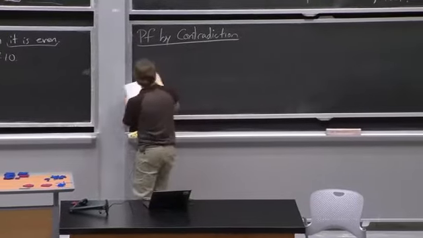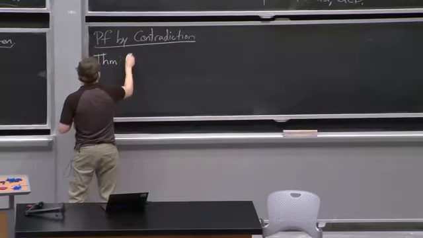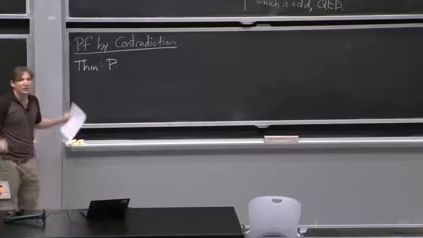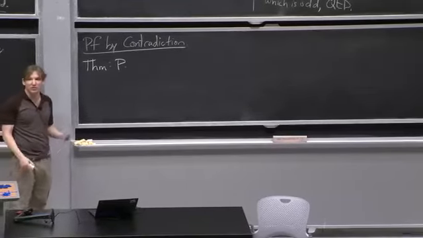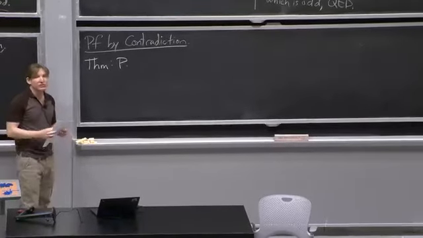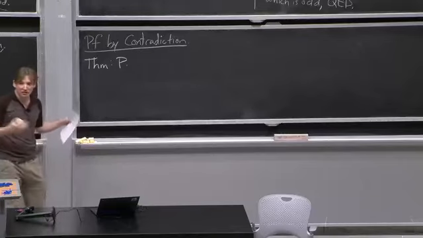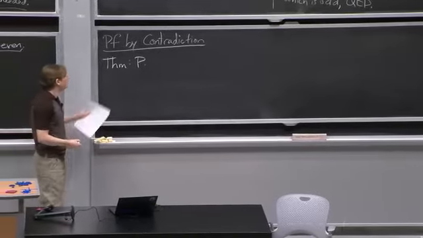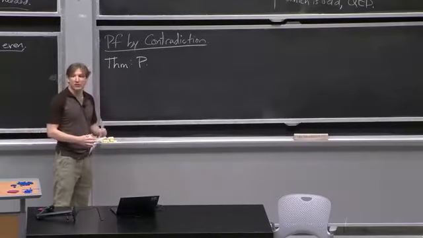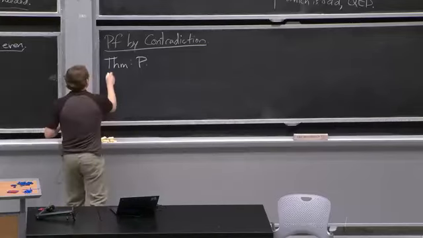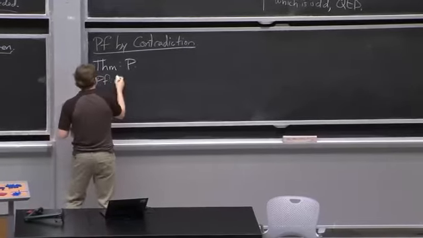Proof by contradiction. So theorem, P. Whatever P is, the proof by contradiction can be used to prove anything you want. You know, sometimes it works, sometimes it doesn't, sometimes it's nicer. But it's not assuming a specific form of theorem. Our proof looks like this. Let's see.